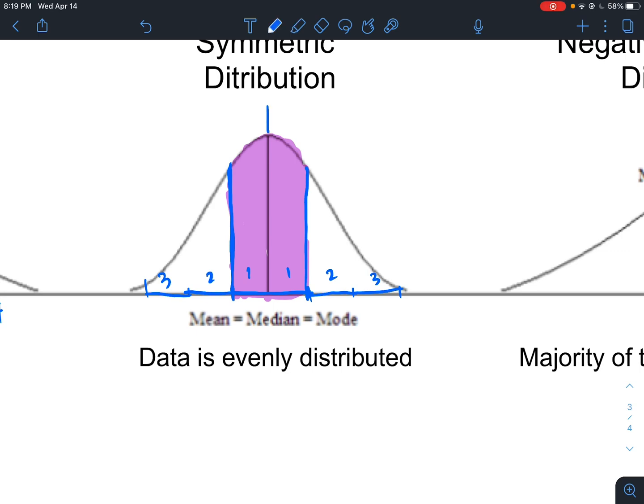So right here is the mean or the average. Most of the students were between 1 standard deviation to the left and to the right. And then all students scored within 3 standard deviations. So again, it's a way of describing the spread of the data away from the average.